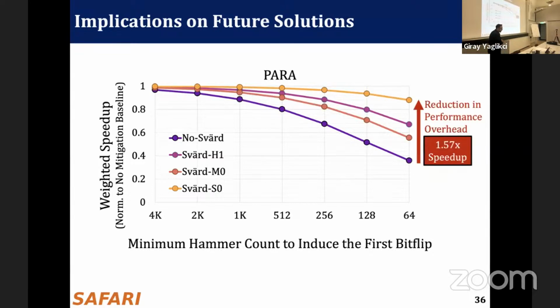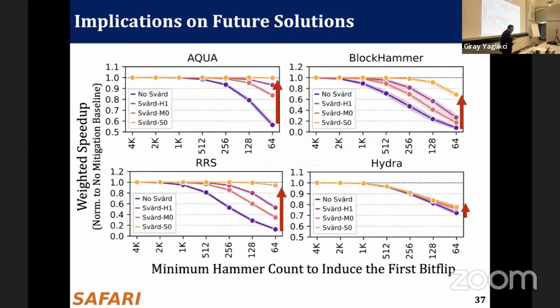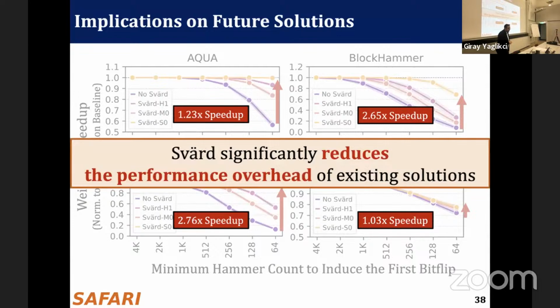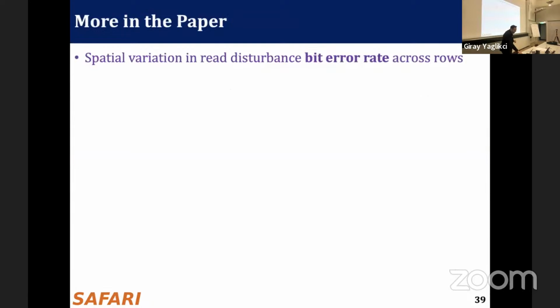I guess it's clear that we reduce the performance overhead of PARA quite significantly here. And these are the results for the other 4 mechanisms, and these are the speedup numbers that you see at very low, extreme thresholds. Svärd significantly reduces the performance overhead of existing solutions, basically.